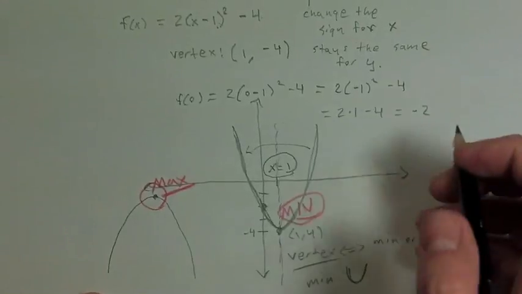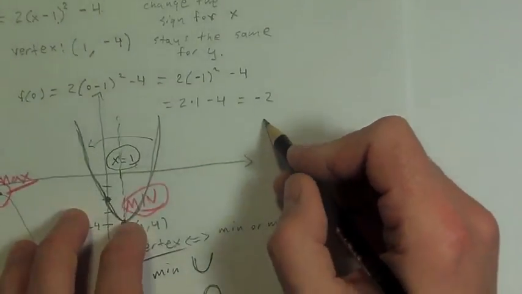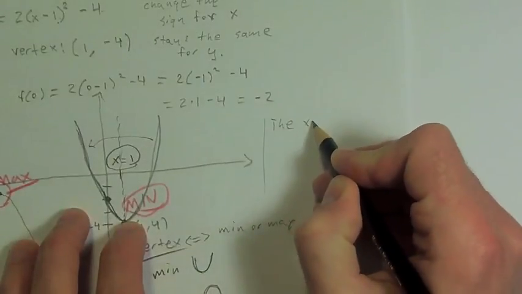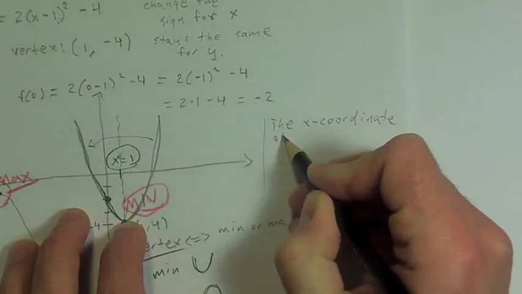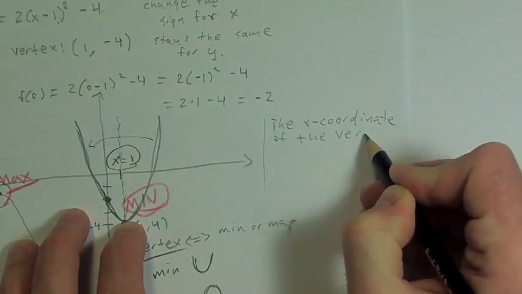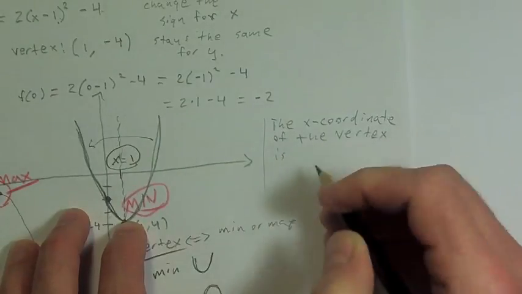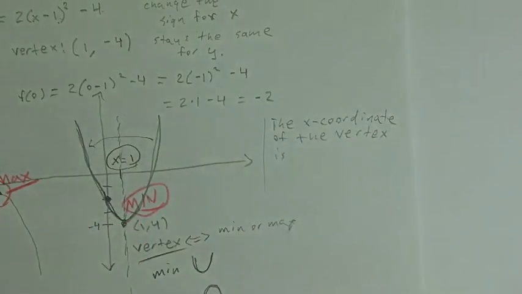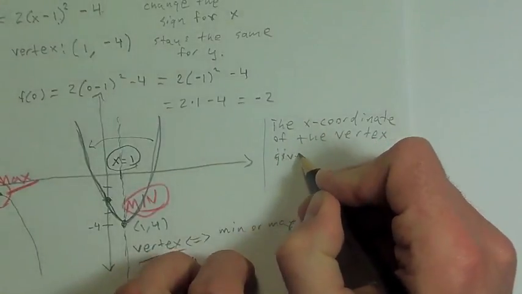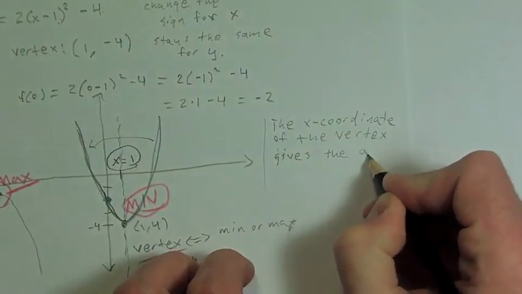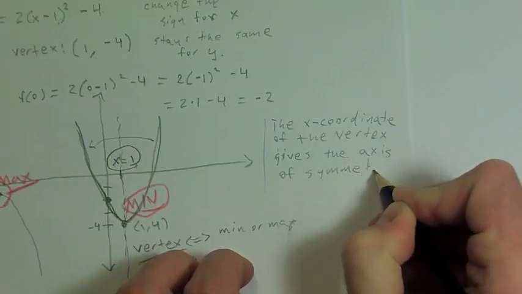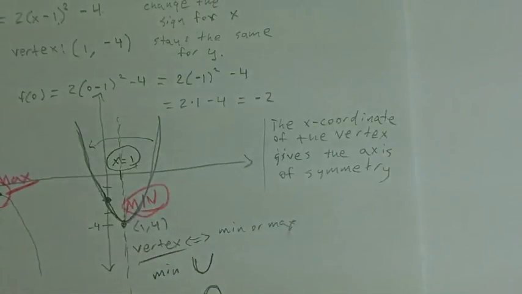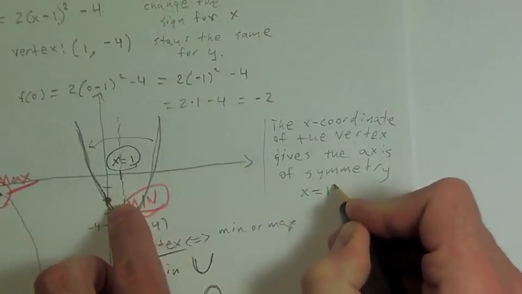So the x-coordinate of the vertex gives the axis of symmetry, and how we list that is just as x equals 1 in this case.